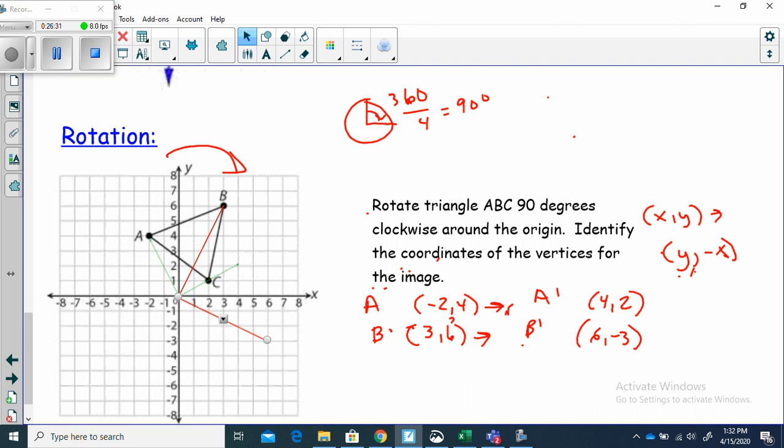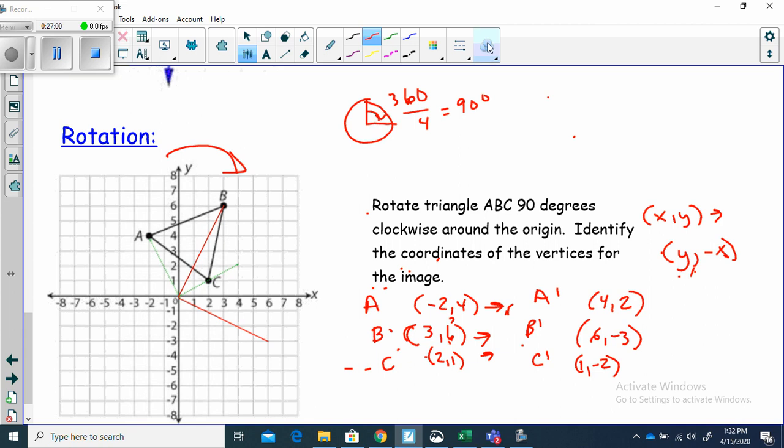So our C, which starts at 2, 1, would wind up being the opposite, which is 1, -2. C prime is at 1, -2. Let's get this back on our plane.